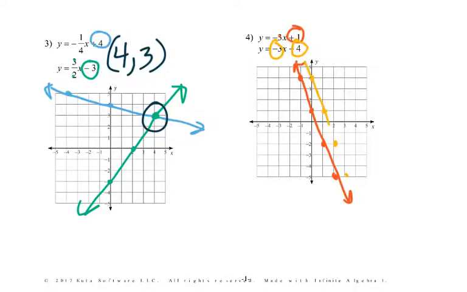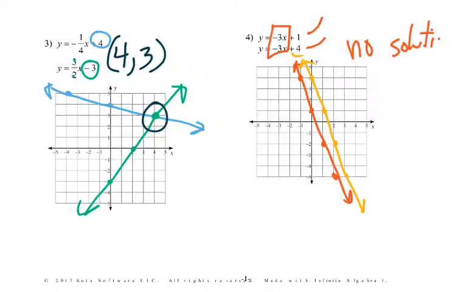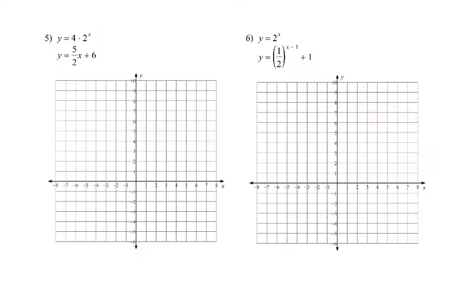Okay. Now we should notice on these two, and you could have seen this right off the bat, these are parallel lines, aren't they? They have the same exact slope, but different y-intercepts. So are they ever going to intersect? No, so we call that no solution. Sometimes that happens. These lines are never going to intersect, therefore their solutions are never going to be the same. Therefore, for the system, it's no solution.